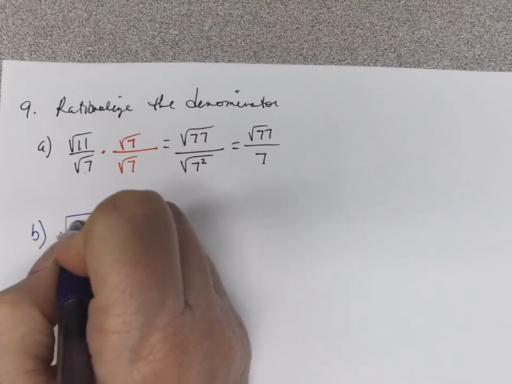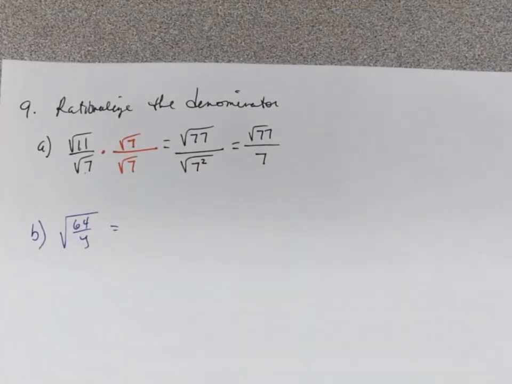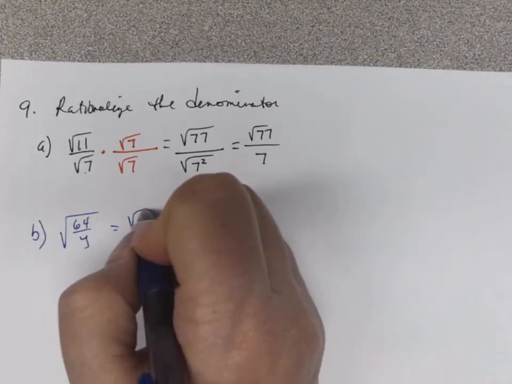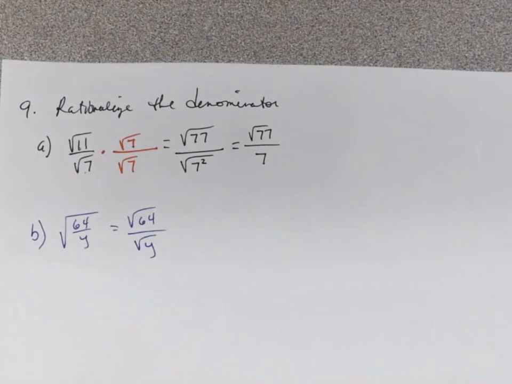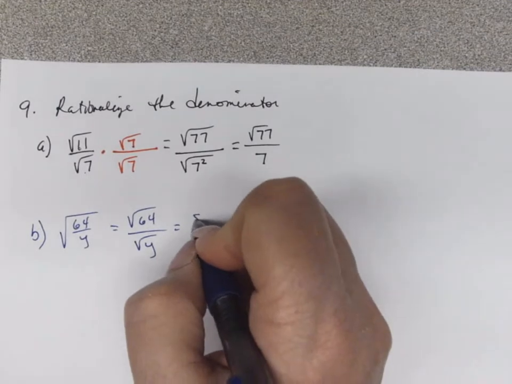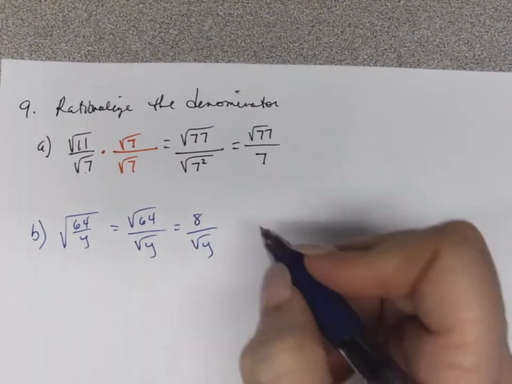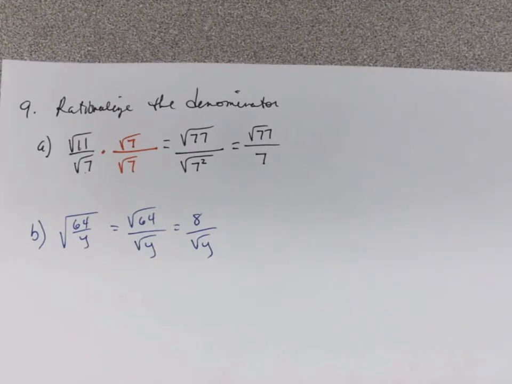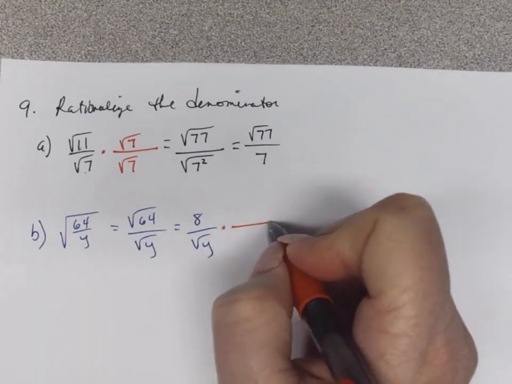So if we have the square root of 64 over y, first thing I have to do is break this up. So square root of 64 over the square root of y. So I separated the fraction and put radicals on both. Now the square root of 64 is actually a perfect square over that square root of y. And now I need to rationalize my square root of y.